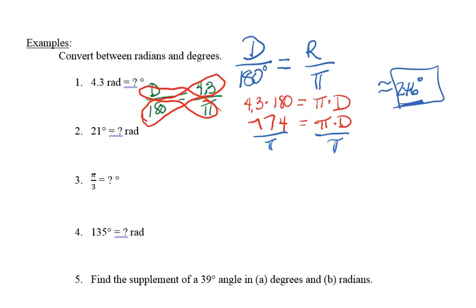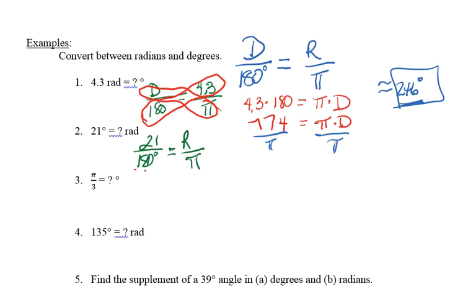On number 2, this time they give us degrees and ask us to switch to radians. The proportion doesn't change, and that's the nice thing: you don't have to change what you're doing, you just change where you put the numbers they give you. So 21 is degrees, so it goes in the D spot. It's 21 over 180 equals R, for the radians, over pi.